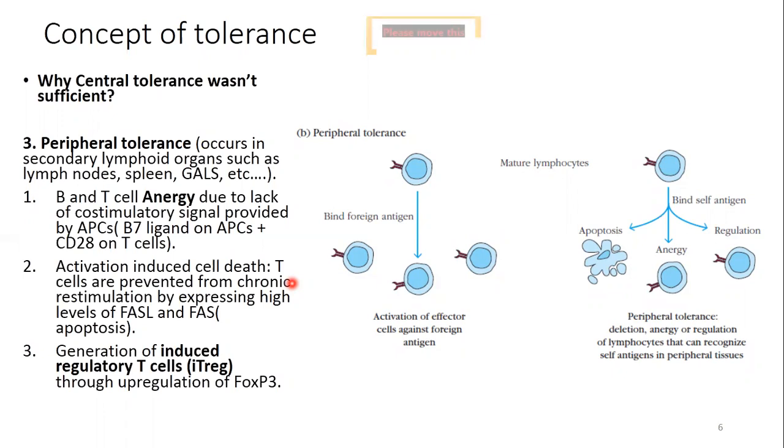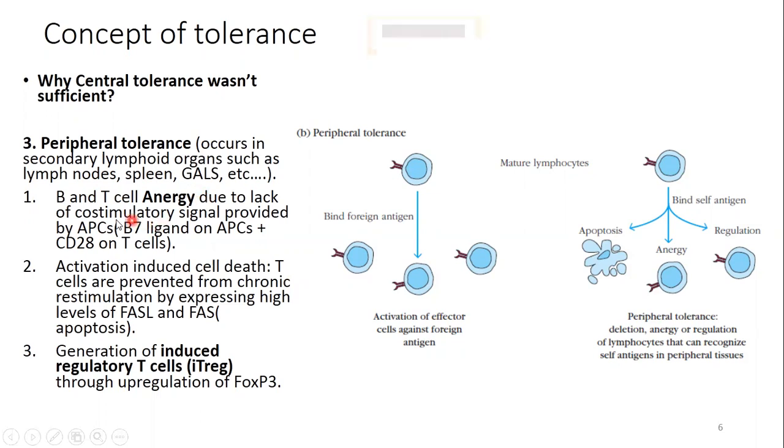So there should be another process to prevent the potential damage which may lead to autoimmune disease. This process occurs outside of primary immune organs and is called peripheral tolerance, which occurs in lymph nodes, spleen, and so on.